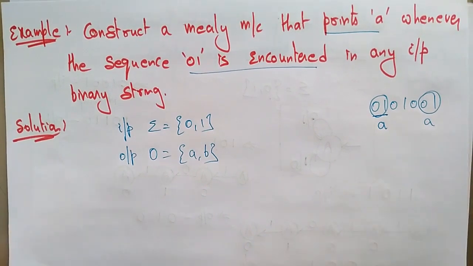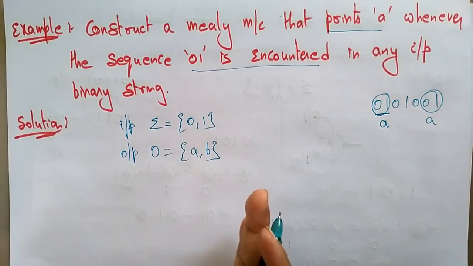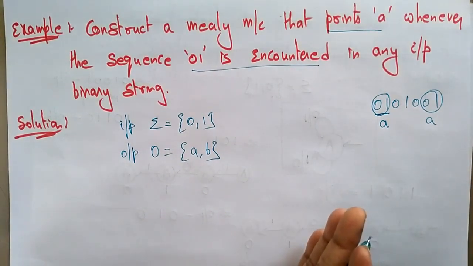Now let me construct this Mealy machine. First construct the deterministic finite automaton for the given question, then it will be easy, because everything uses the concept of the deterministic finite automaton. I need to print A whenever the sequence 01 is encountered.